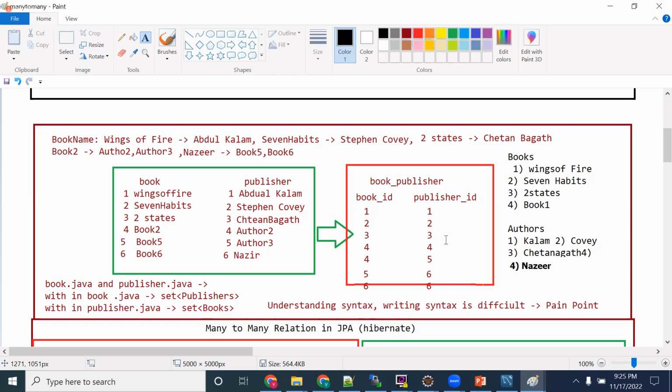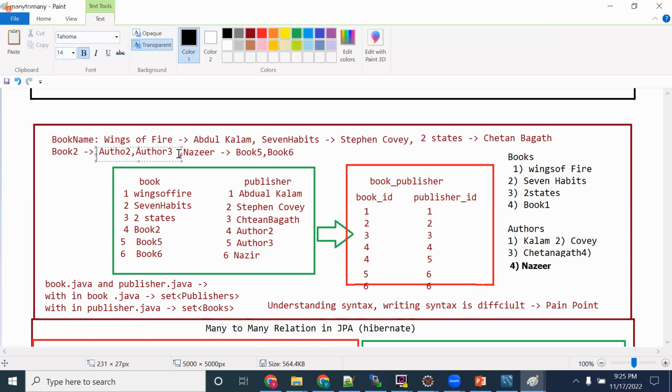Next, book 2 is written by author 2 and author 3. That's why 4, 4 and 4, 5. You saw that? 4, 4: book 2, author 2. 4, 5: book 2, author 3.